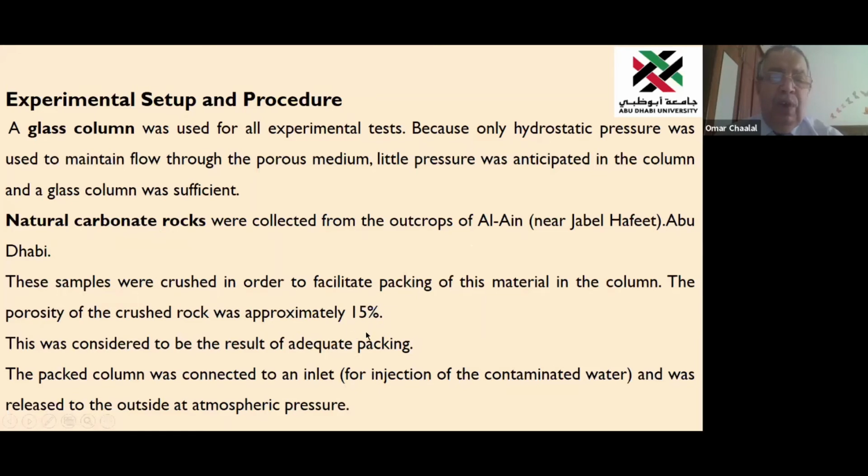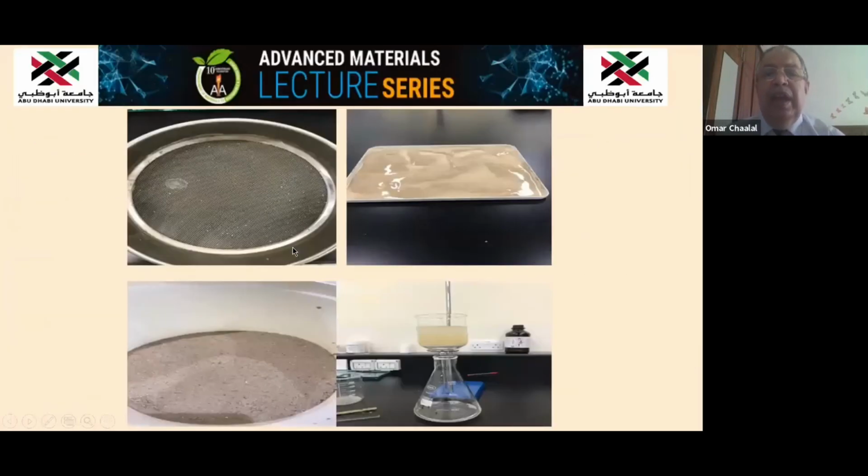So we have a voidage, and then we let the inlet in. We know the concentration of the inlet, and we measure the outlet. When we reach what we call breakthrough, we stop, and then we do the cleaning with water, and then with water plus our surfactants.